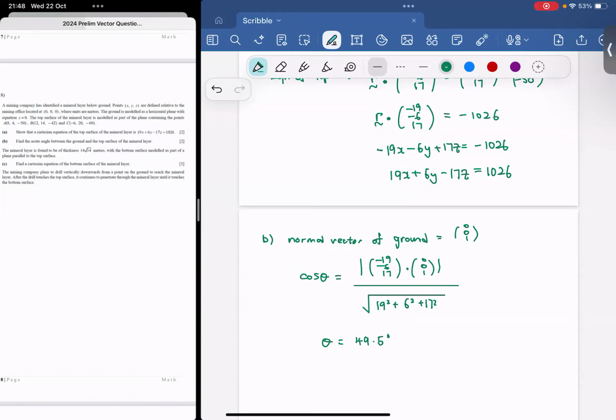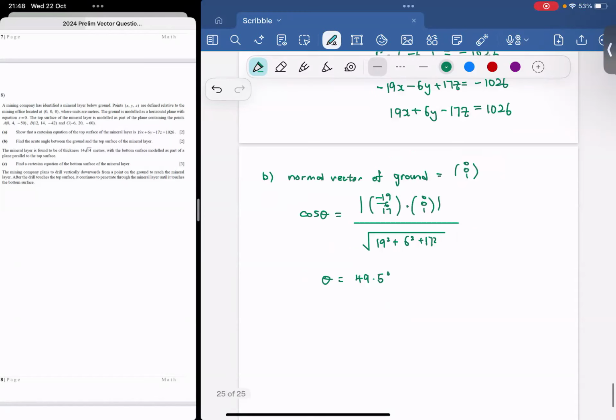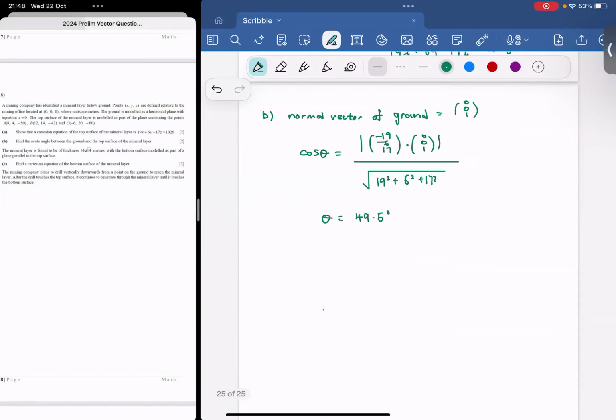The mineral layer is found to be so thick. With the bottom surface modeled as given, find the Cartesian equation of the bottom surface. So now this is the top surface. Better draw nicely. Okay, this is the ground. This is the top surface.